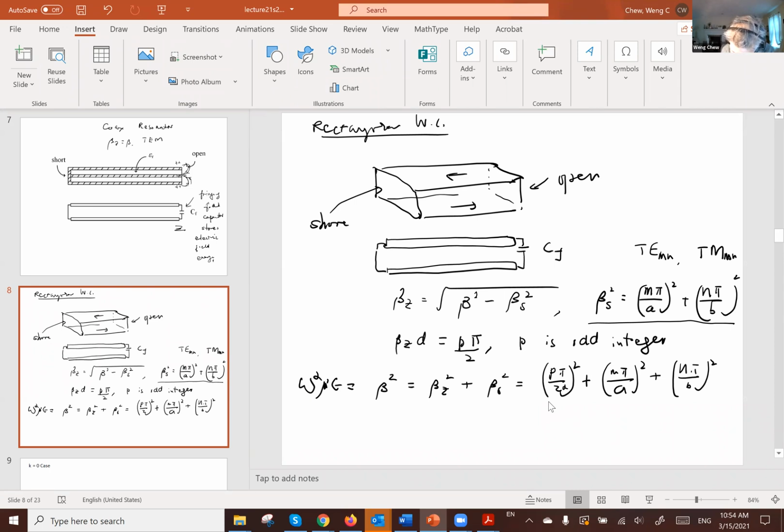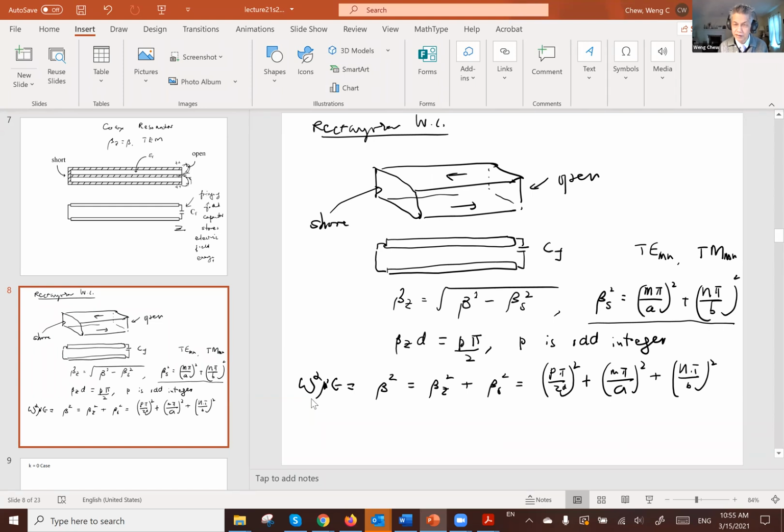There should be a D here because you take the D to this side. And when you put these values in, and if you have already fixed your P, your M, and your N, this equation can only be satisfied at the selected frequency.